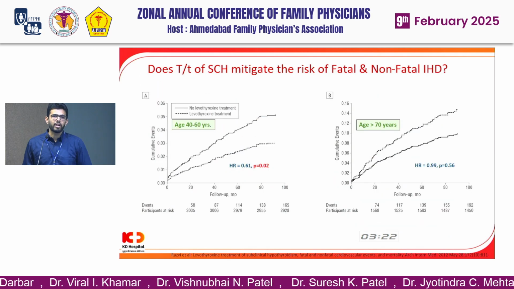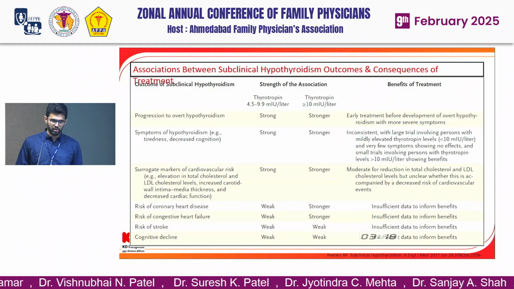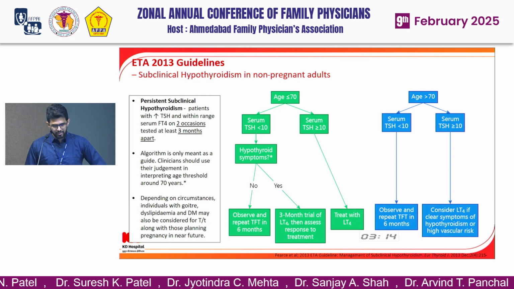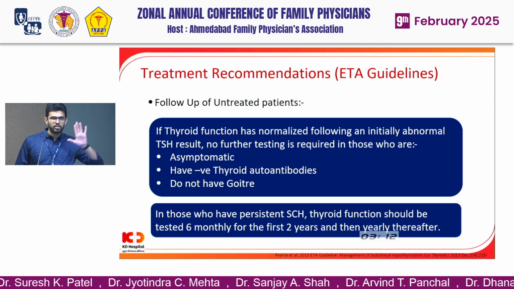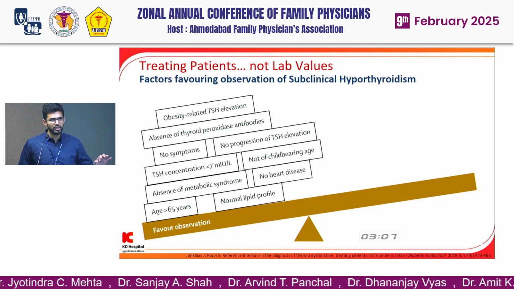So age is a very important factor when we are choosing whether to treat a patient of subclinical hypo or not. There are certain guidelines, and each society has different approaches. We all need to individualize our treatment protocol.